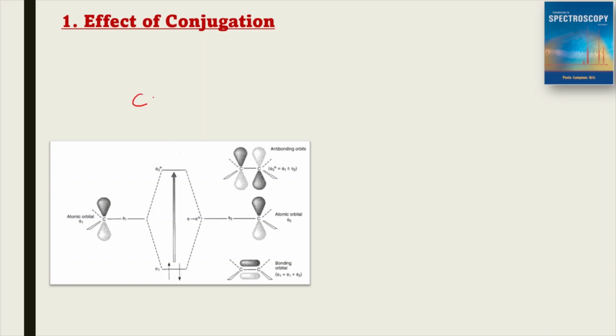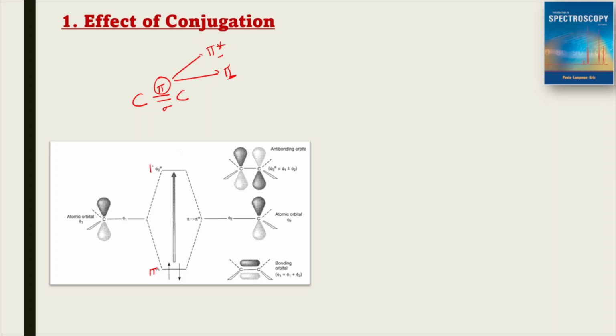Now let us suppose we have a carbon-carbon double bond. It is composed of a sigma and a pi bond. This pi bond is further divided into pi and pi star. Pi is the bonding orbital, pi star is the anti-bonding orbital.